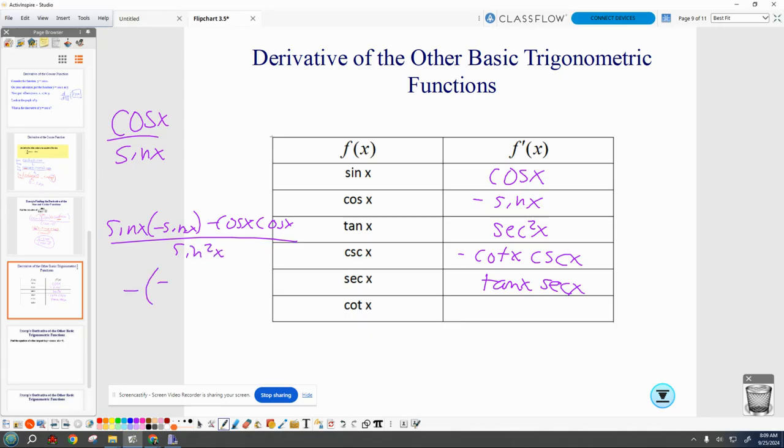I have negative sine squared and negative cosine squared. I'm going to factor that negative out. Okay, so there's all our trig functions. Make sure you have them written correctly.